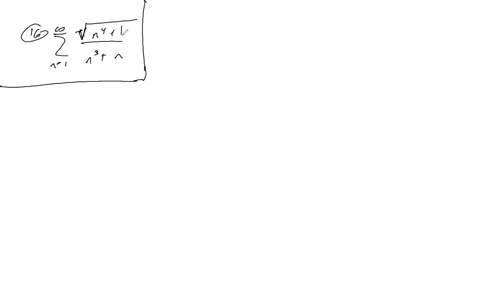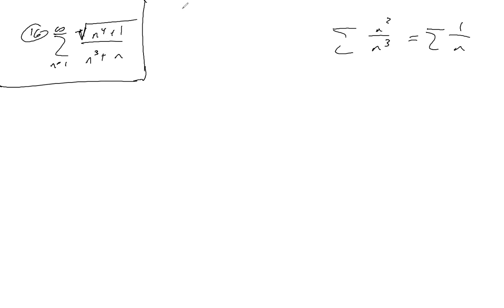If I got rid of the 1, I'd have the square root of n to the fourth, which would just be n squared. If I got rid of the n, I'd just have n cubed. So maybe what I should compare it to is n squared over n cubed, which is equal to 1 over n, the divergent series, the harmonic series. So maybe that's giving me the hint that this is divergent as well.